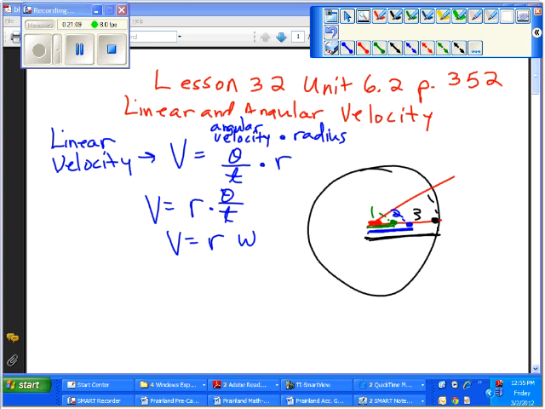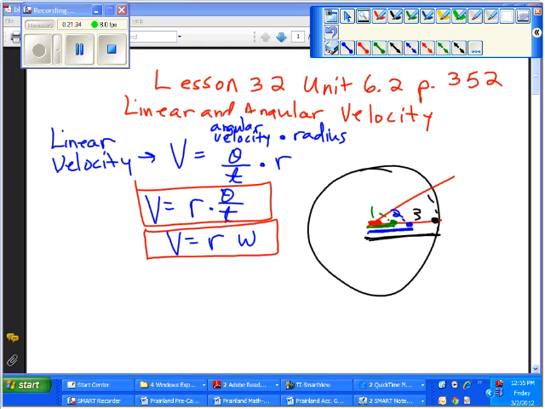So if you take theta divided by time, you have angular velocity. When you multiply by radius, it tells you how far they actually went, okay? And so we'll either be using this formula, or we'll be using this formula to actually get our angular velocity before we plug in our radius, okay?